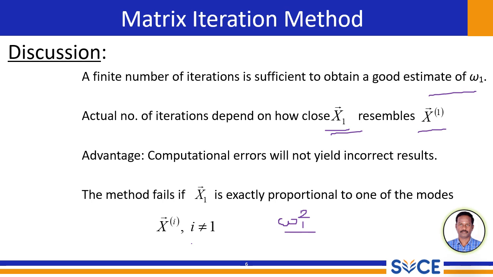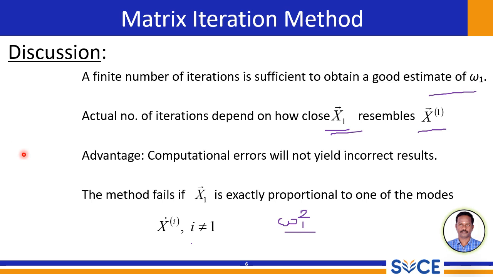Here, the main important points to discuss are, first, the number of iterations. A finite number of iterations is usually enough to get a good estimate of omega 1. The exact number depends on how close the initial trial vector is to the actual first mode shape.